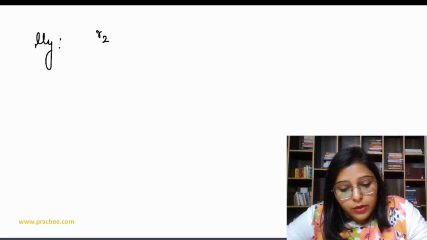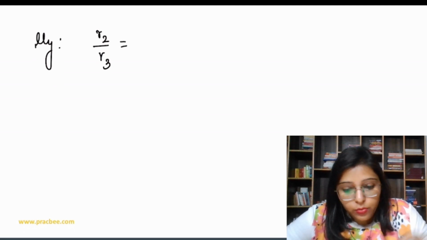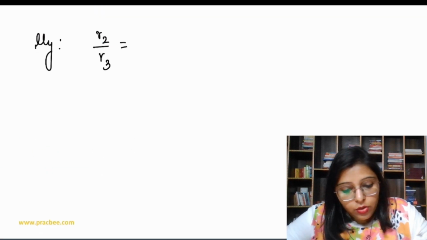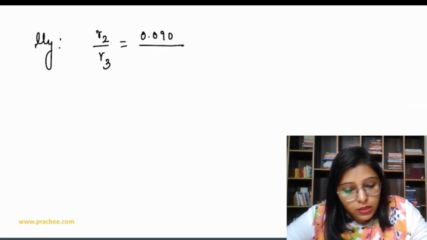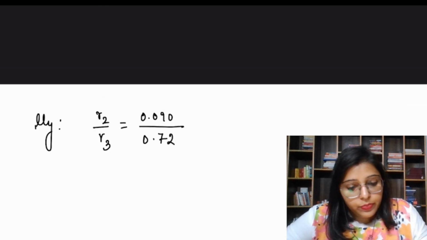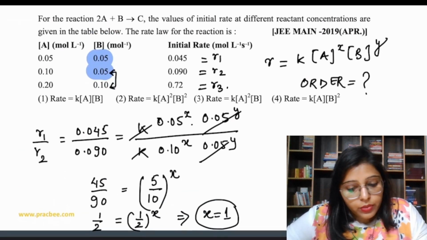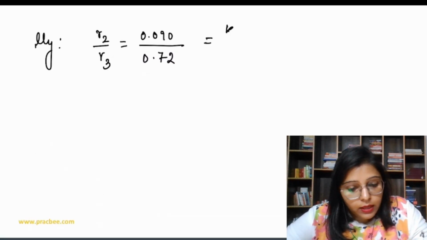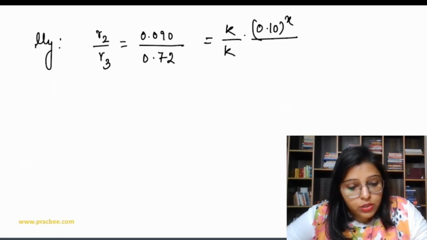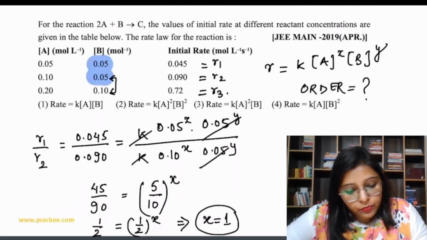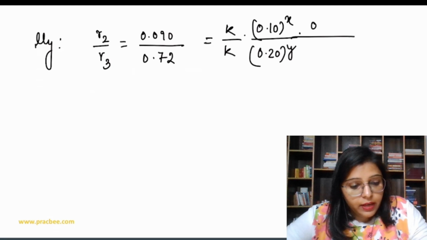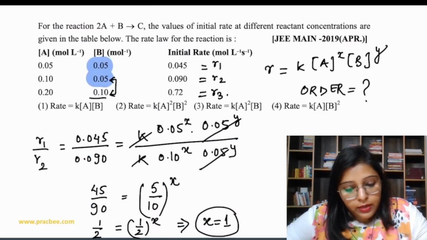So on solving R2 and R3, what is R2? 0.090, then 0.72, K, 0.10 to the power x and 0.20 to the power y. Here 0.05 to the power y and 0.10 to the power y.